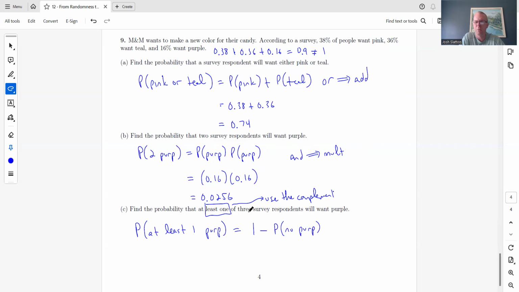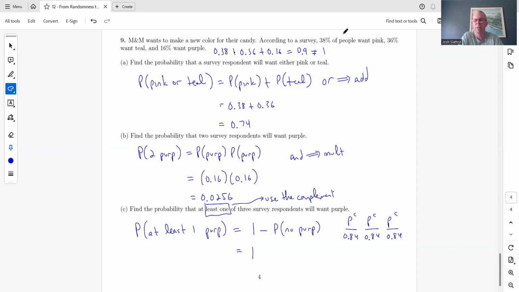So we ask 3 survey respondents and we want none of them to choose purple. And so 3 survey respondents, purple complement, purple complement, purple complement, 0.16 choose purple. So that leaves 0.84 that do not choose purple. And this is the reason I mentioned these three do not add up, because it's tempting. 16% want purple.